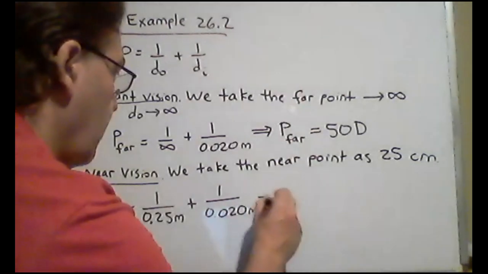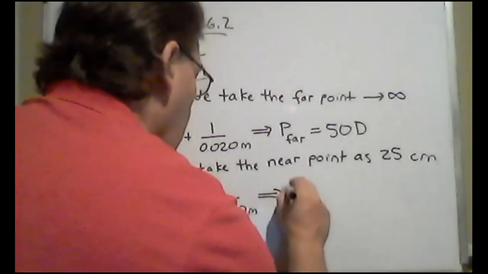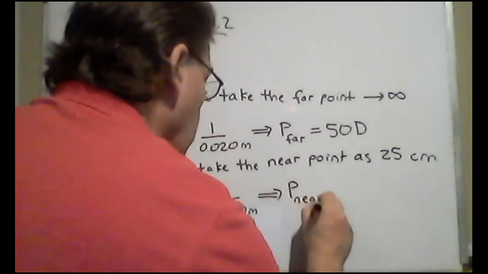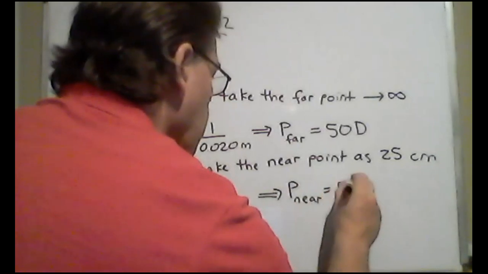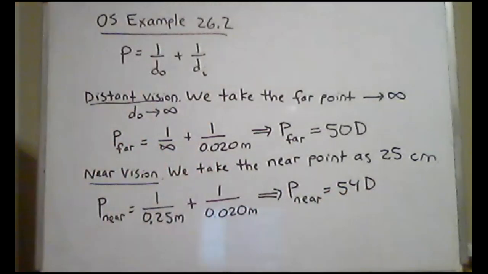We find out then that P near is 54 diopters. So a typical eye will range in power from 50 to 54 diopters.